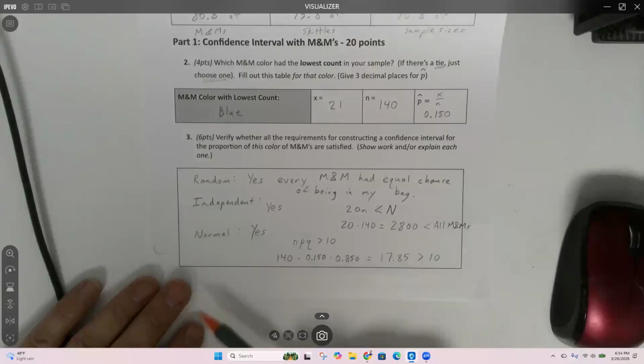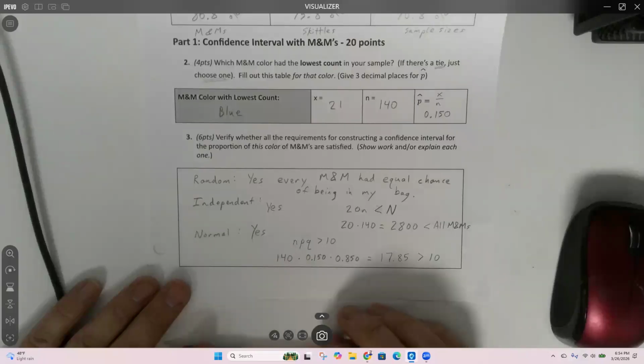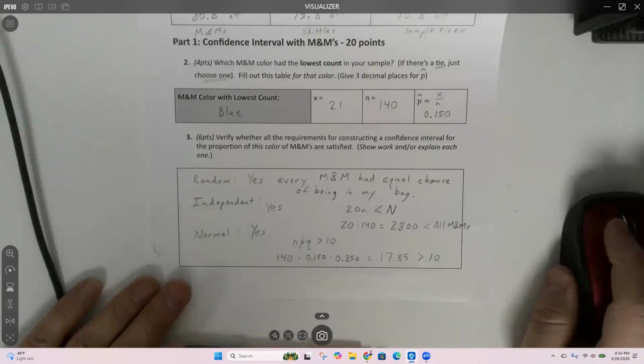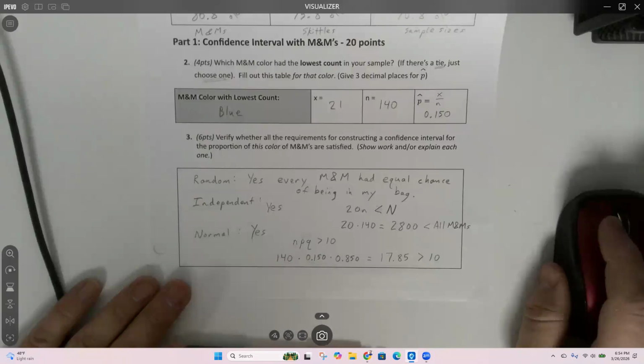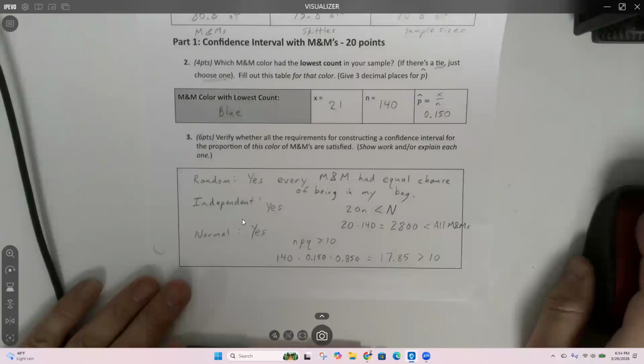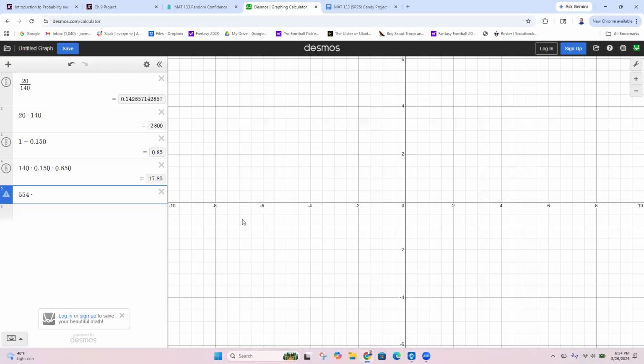Mike, I think yours is a yes. Mike's got a p hat of 0.152 and 554. I think 554 times 0.152 times your q value, which would be 0.848, is about 71.